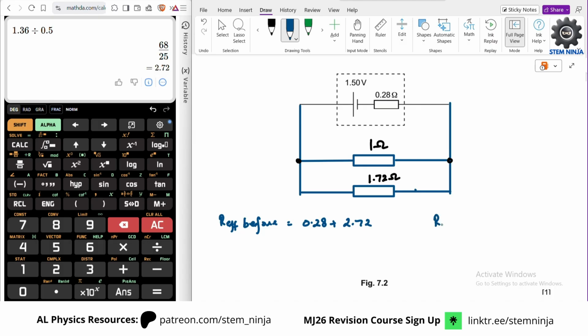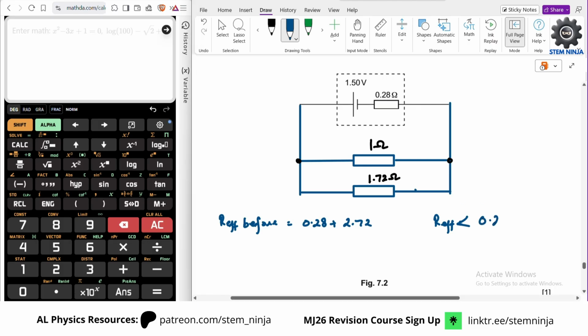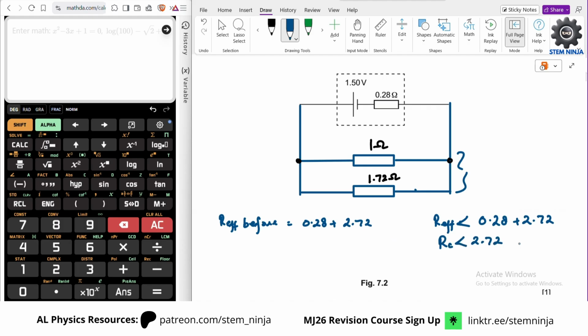So now it's going to be less than this value, because the combined resistance is less than 2.72.